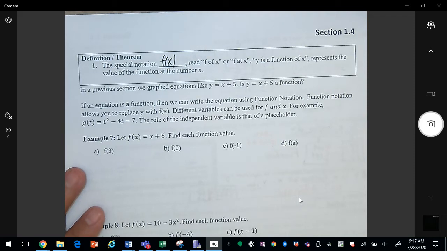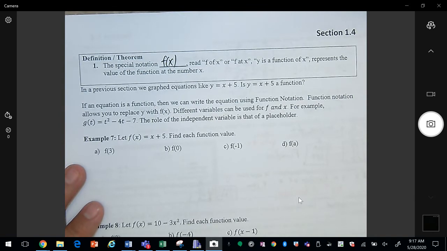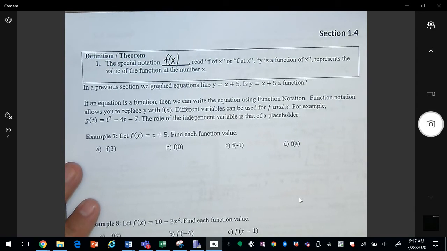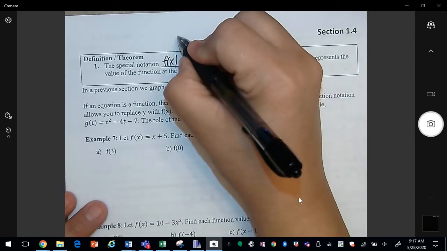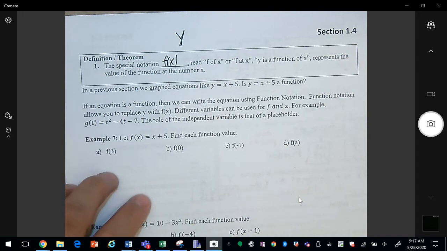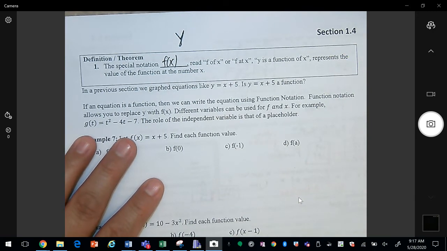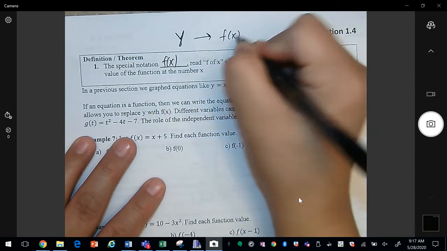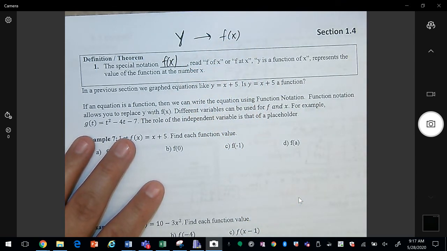So for example, my sister's name is Crystal, but I can call her Chris, or I can say Mija or whatever. And it doesn't matter what I call her, whether I use her name or something else, she's still going to be Crystal. So in math, we are used to working with, let's say, y, the dependent variable. Or instead of y, we can call it f of x. Okay. And so that's still going to be the same thing.